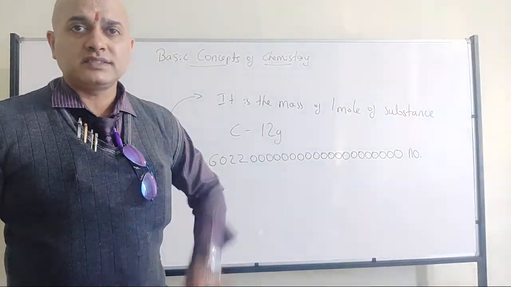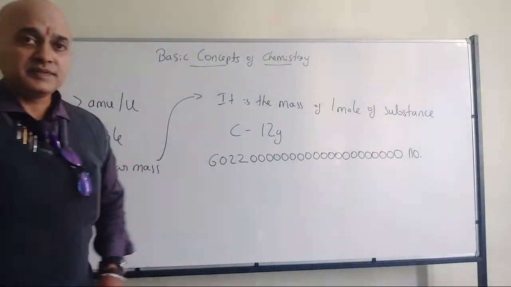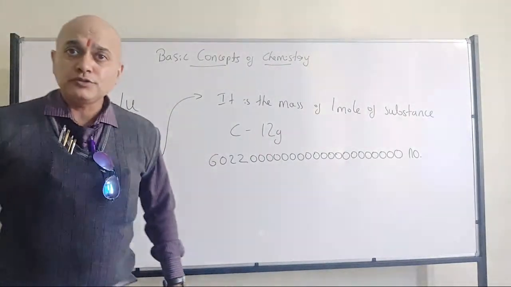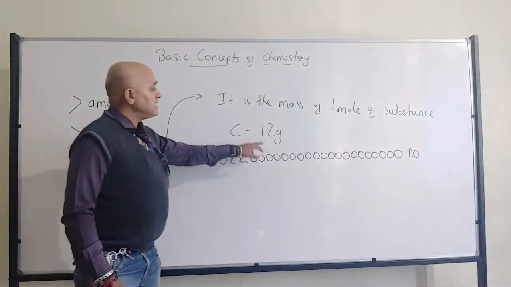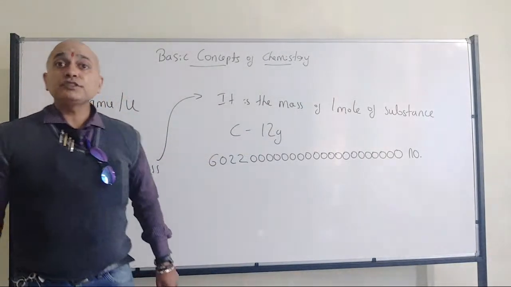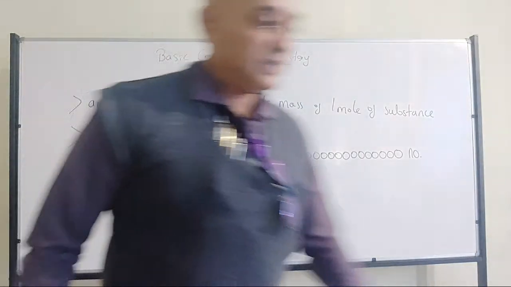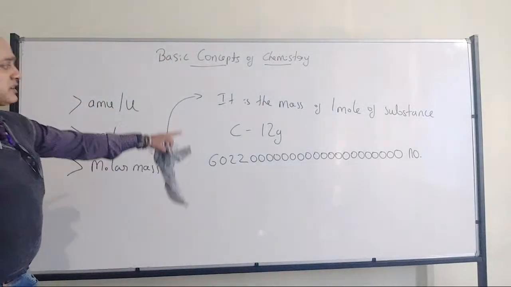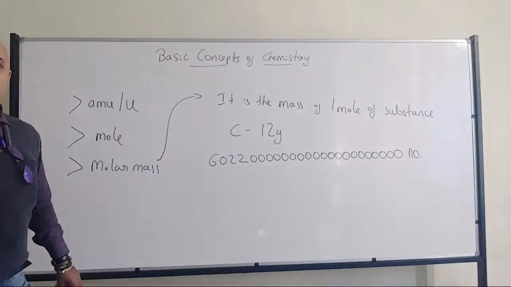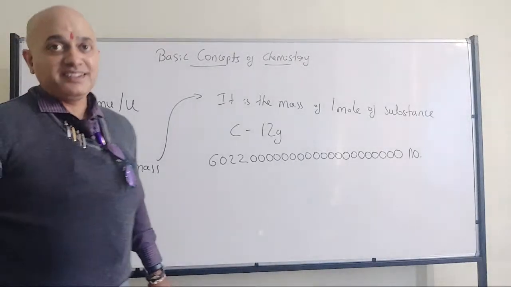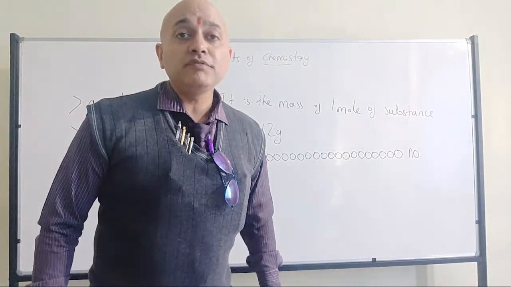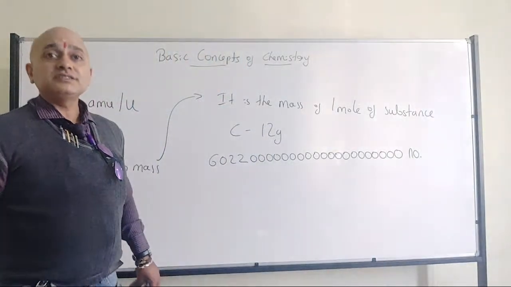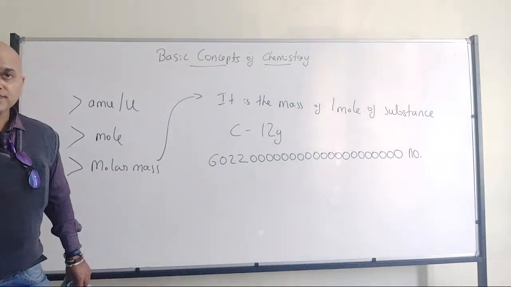Very less mass for so many numbers. That's where we should appreciate the molar mass. It's a very less value compared to this number. So that's where we are saved. It's not one carbon which is weighing 12 gram. It is the 1 mole of carbon which is weighing 12 gram.